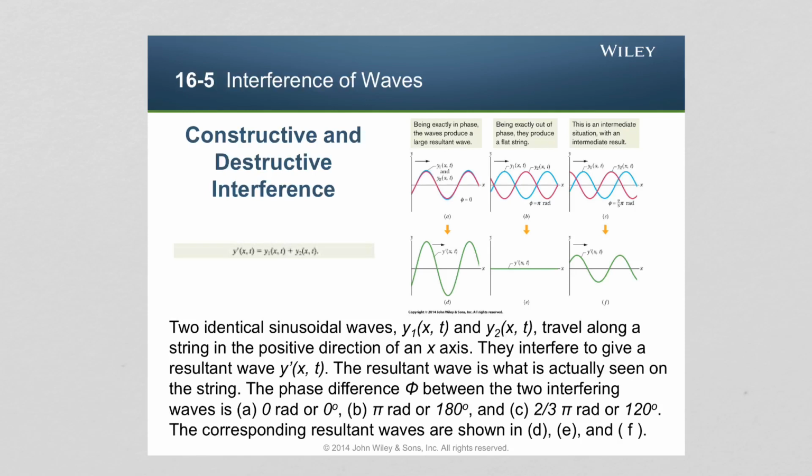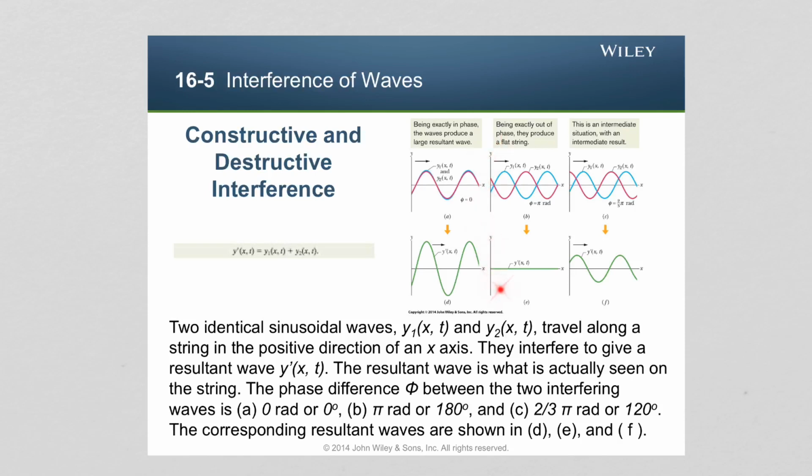So in the plots here on the right-hand side, we have two waves, one in blue and the other one in red, that interfere with each other, and the two waves are completely in phase. The two waveforms overlap. And so the result is a net wave that has double the amplitude of the individual waves that interfere with each other.